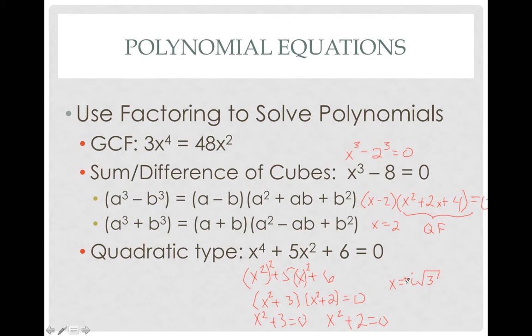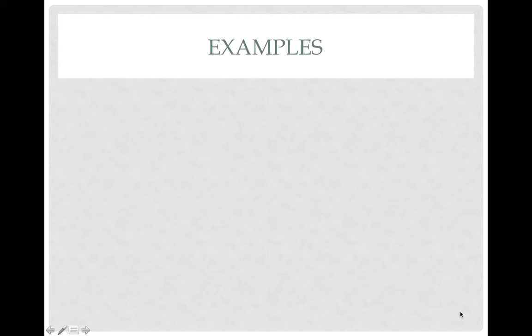And this is both plus and minus because I said x squared equals negative 3. So x is equal to plus and minus i root 3, or plus and minus the square root of negative 3. And likewise, I would get, subtracting 2, taking the square root, plus and minus i radical 2. So let's look at a couple examples of these type of problems.